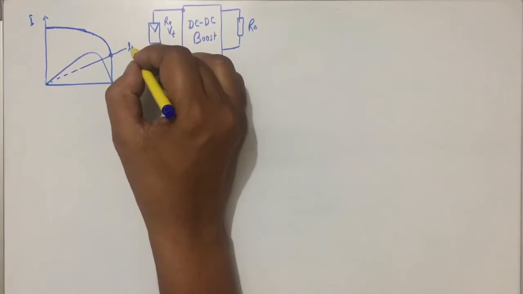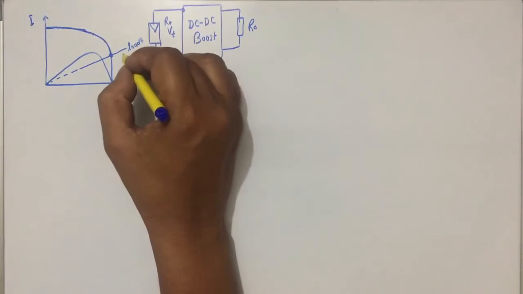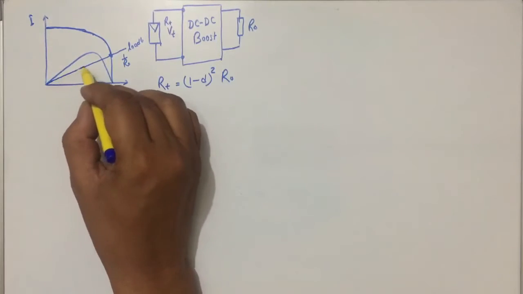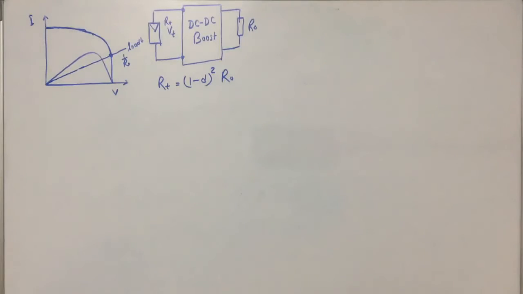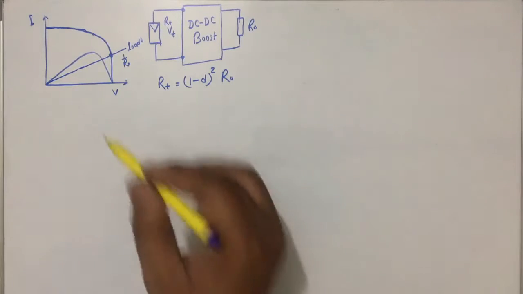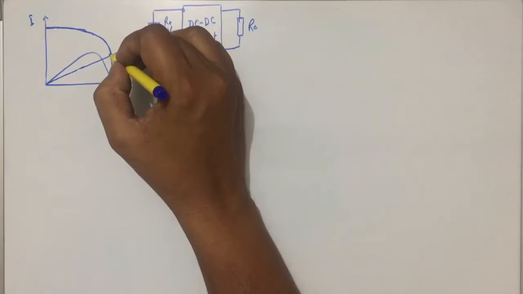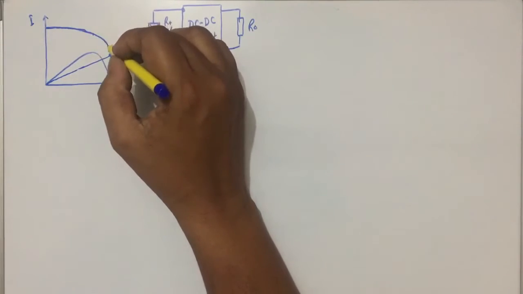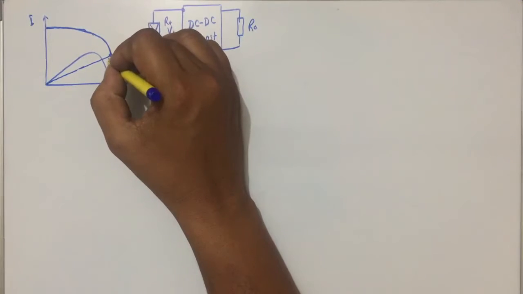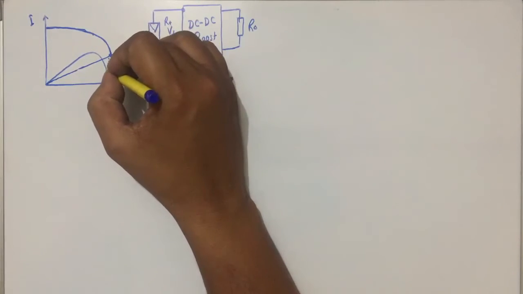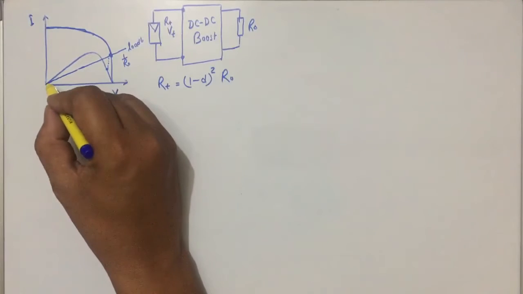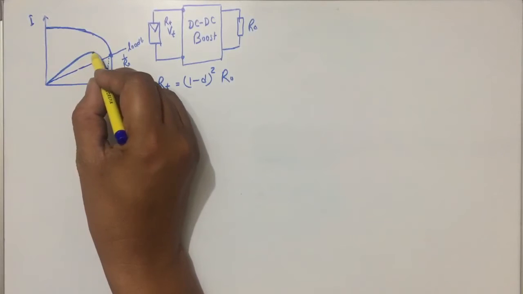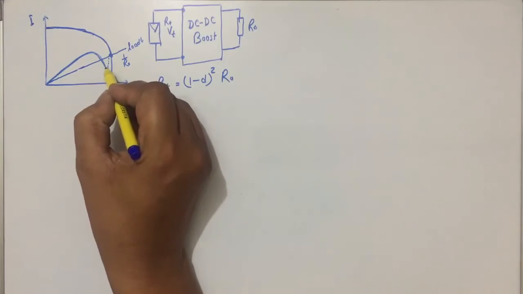If it is load line, it is 1 by R0. This is continuous, not dotted. So this is the maximum point of the operation in IV characteristics. Corresponding the load that can be obtained is this. So the range of operation of the power at the load terminal was from 0 to here.